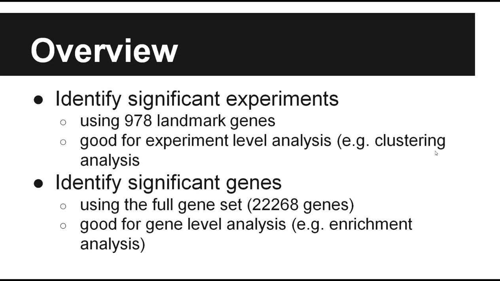These are good for gene level analysis. For example, either you want to do some enrichment analysis, or you want to use the differentially expressed gene list to query some existing gene list database to find similar signatures.